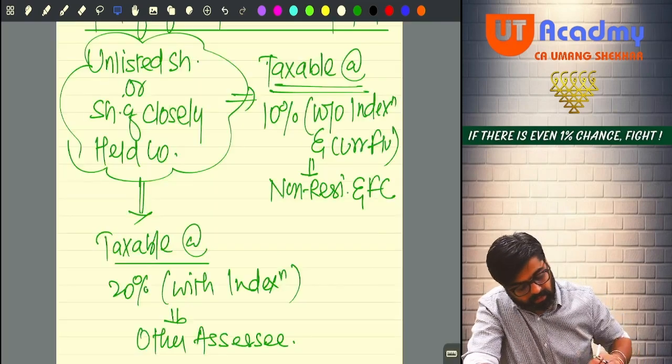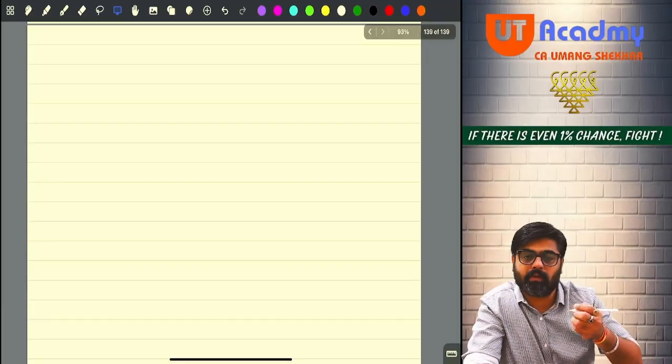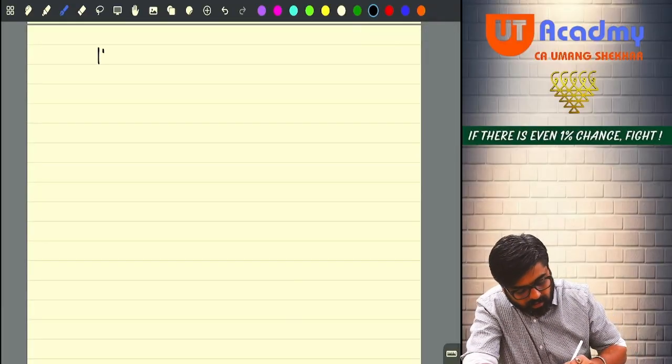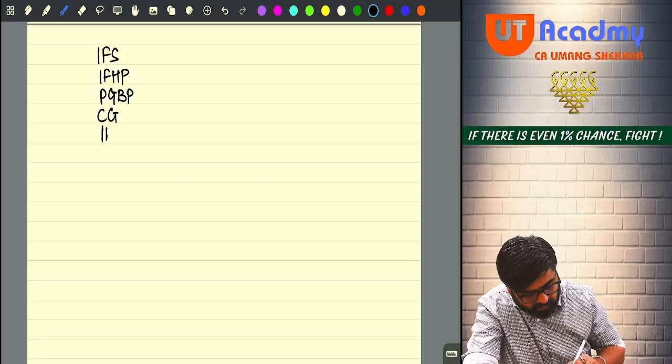Meaning that whenever you calculate your GTI, how will you calculate it? You will take your income from salary, then income from house property, then you will calculate your PGBP income, then capital gain, then income from other sources.